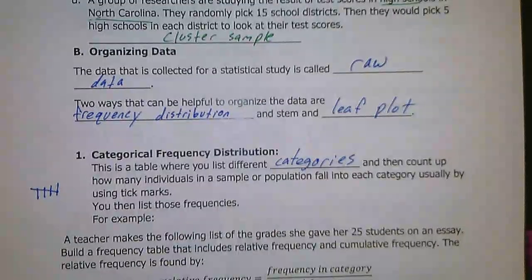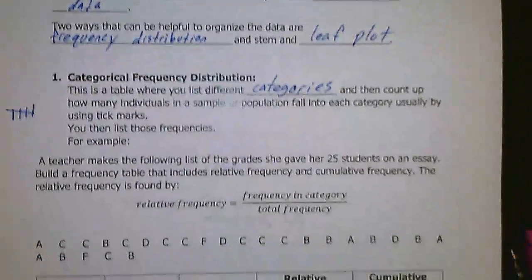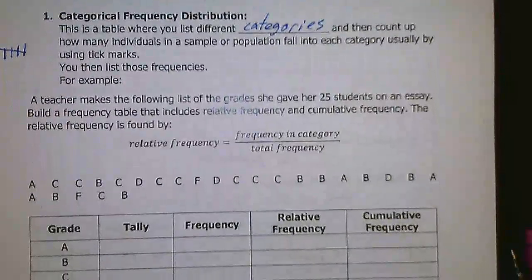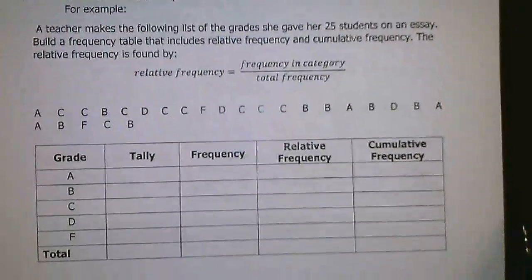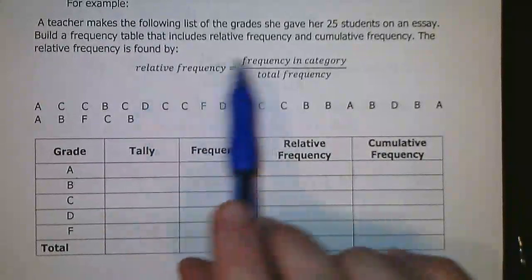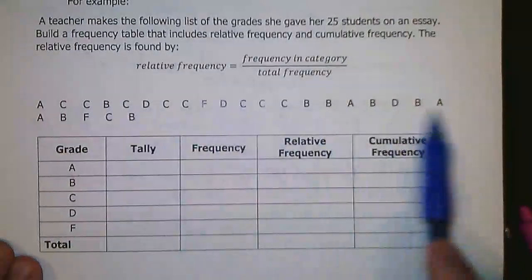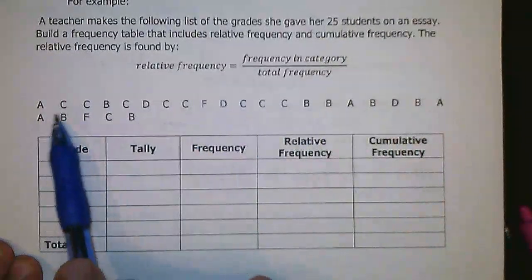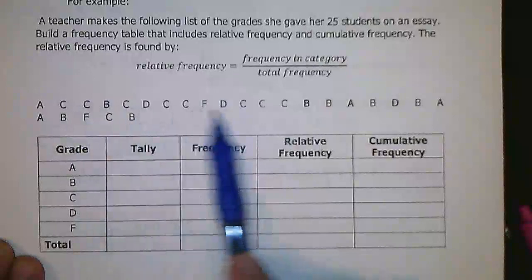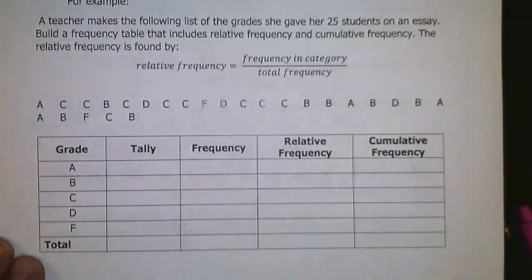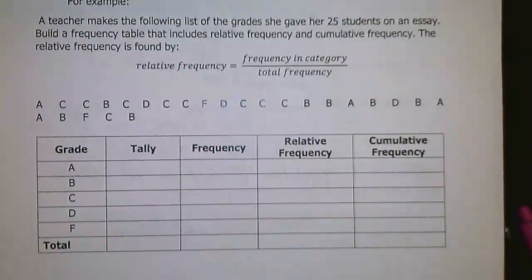The relative frequency is found by frequency in the category divided by total frequency. So these are the grades that we see here. Raw data. This is not organized. We're going to organize the data ourselves.